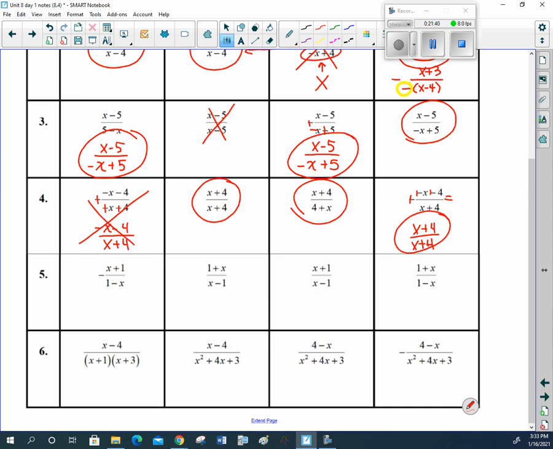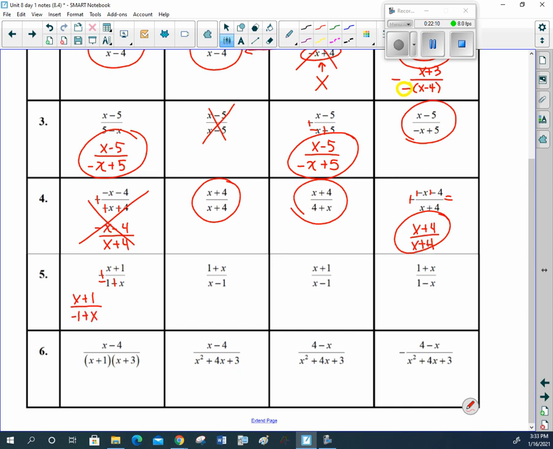Okay, this next one, x plus 1, x plus 1. It looks like on the top they're all x plus 1. So for this first one, I think I'm going to move this negative sign down to the bottom. And remember, like I said, just for this exercise, normally we don't do that. But if you were trying to figure out equivalent answers, then that would be something you could do. Normally we like the negative sign to be in the middle or the top. So we've got x plus 1 over a negative 1 plus x.